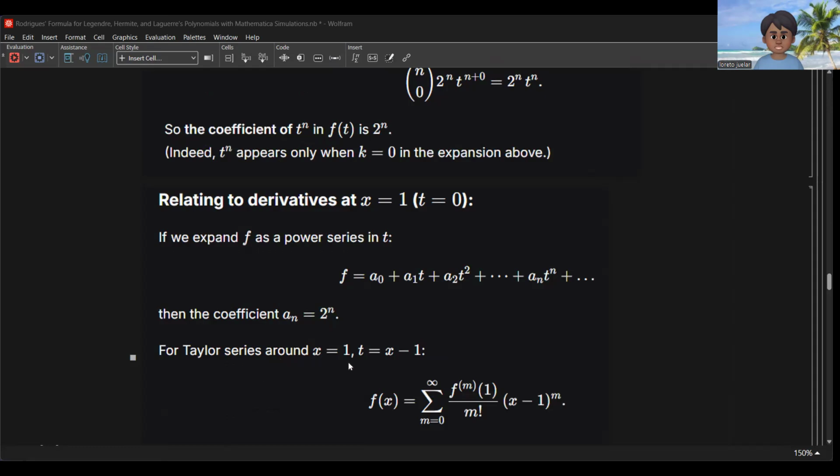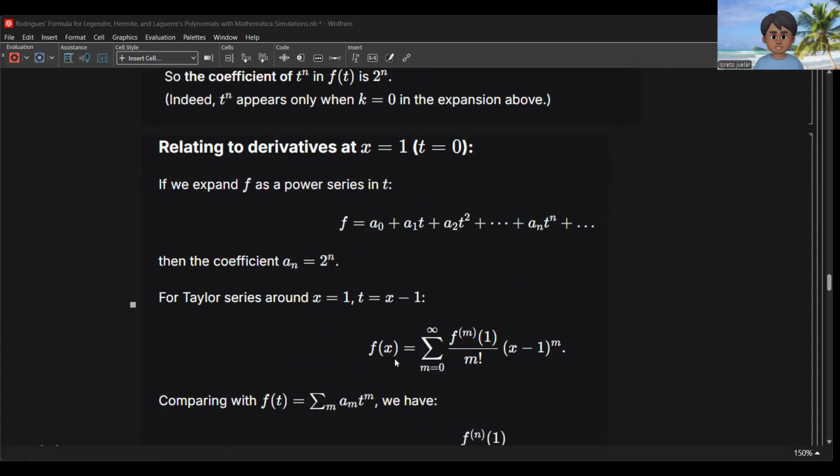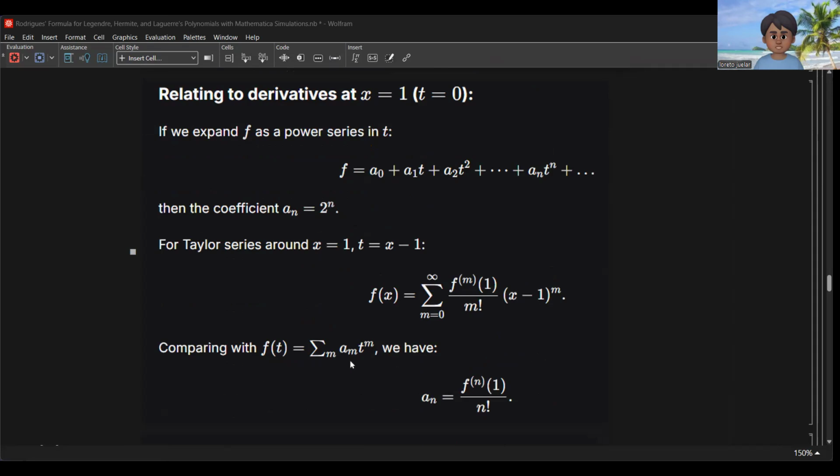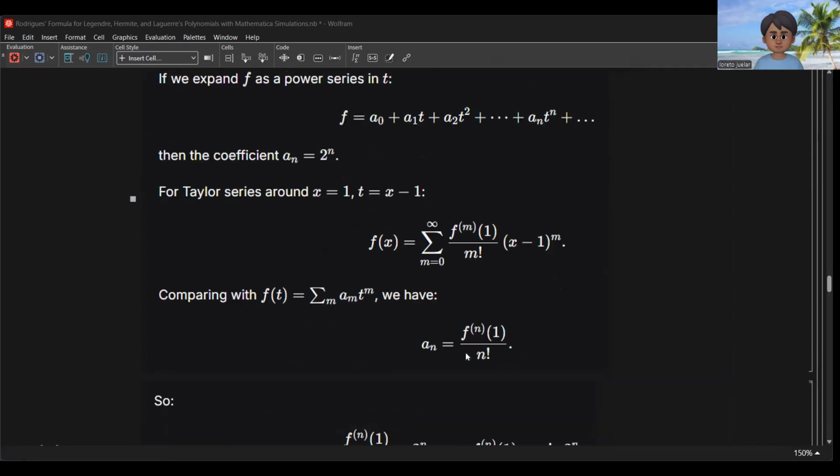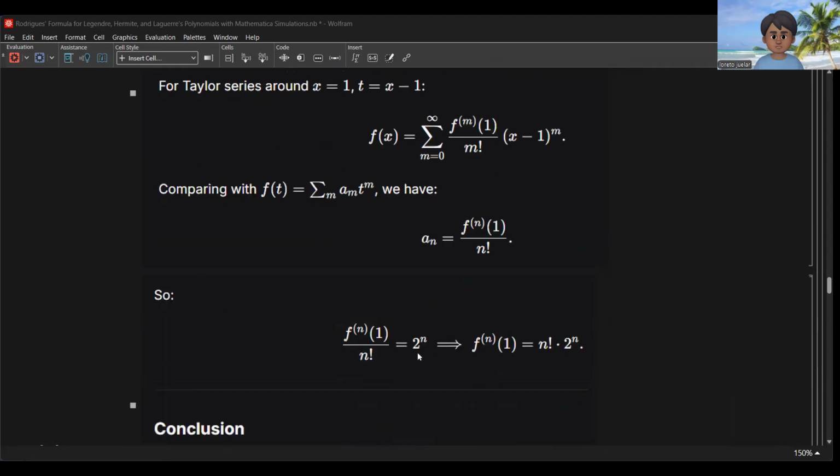So for the Taylor series around x equal to 1, with t equal to x minus 1, f of x is the sum of the m-th derivative of f at x equal to 1 over m factorial times x minus 1 raised to the m, which equals the sum of a sub m t to the m. We have a sub n, which is the n-th derivative of f at 1 over n factorial. Therefore, this term is equal to 2 to the n.